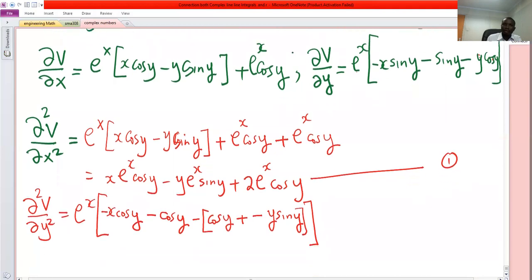Now when we open this, we'll have minus x e raised power x cosine of y, and then minus e raised to power x cos of y. And then here, when you open minus, we'll have a minus sign. So minus e raised to power x cos of y, because I have this term and this e raised to x. Minus is plus, and then y, and then we have e raised to power x, and then sine of y.